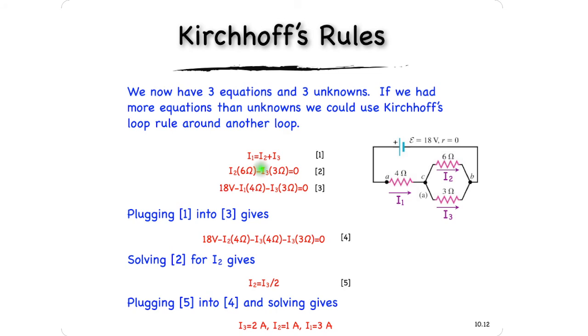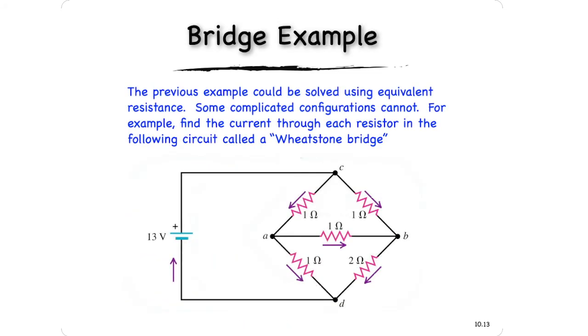So the reason we want to be able to do this is because we will encounter circuits that look something like this. This is called a resistor bridge. It's actually a pretty common circuit that you have for making measurements of things.